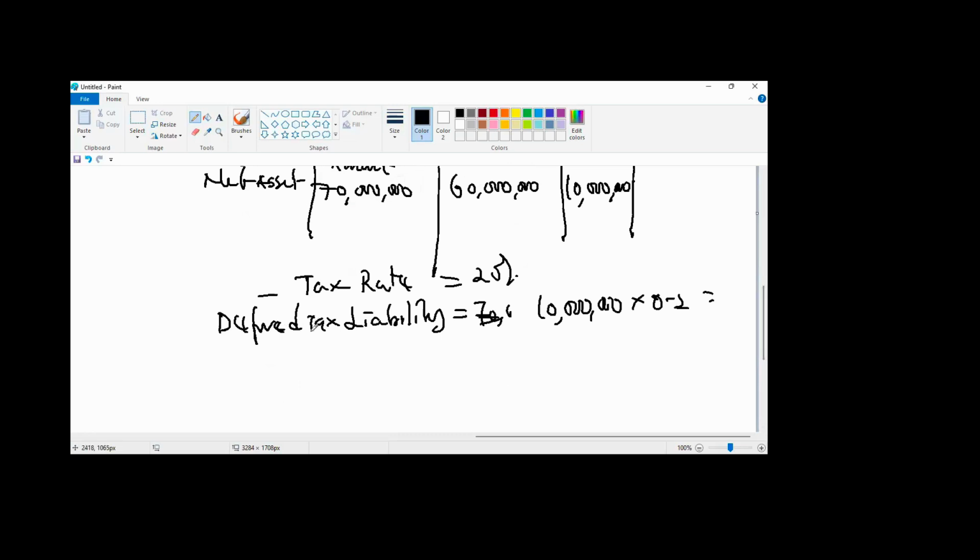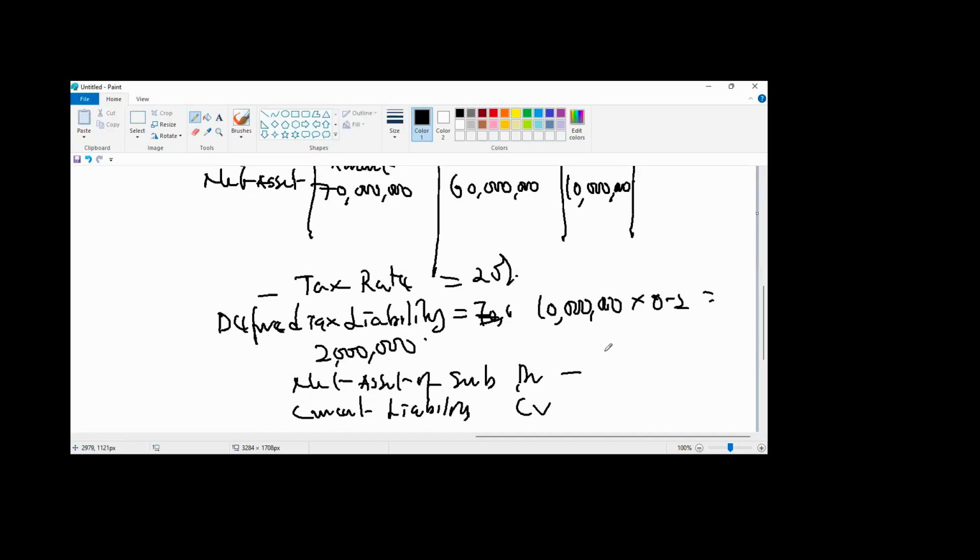That will give me 2 million. What do I do to the 2 million? I will say net assets of subsidiaries, debit. The liability, credit. $2 million.